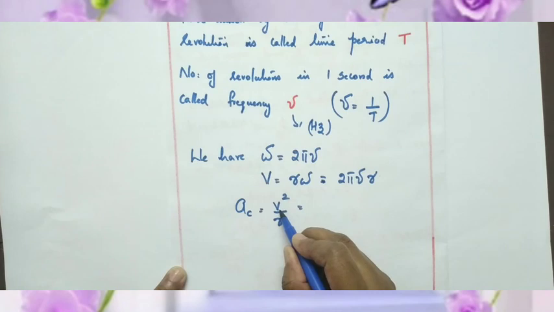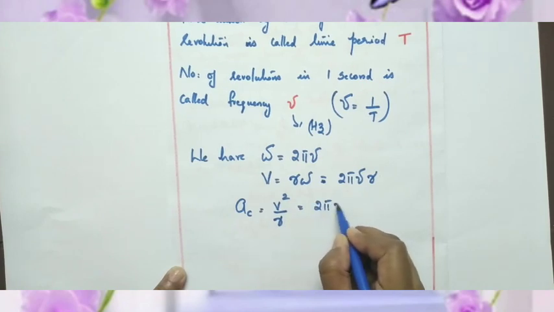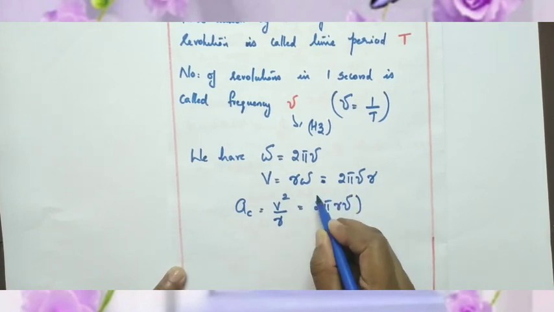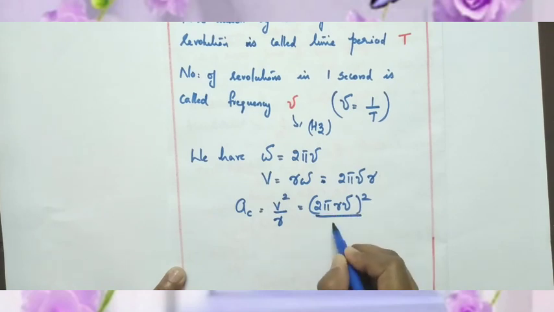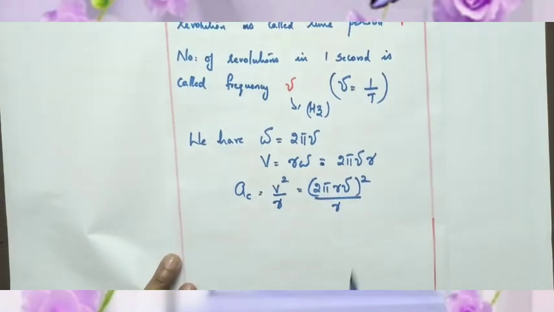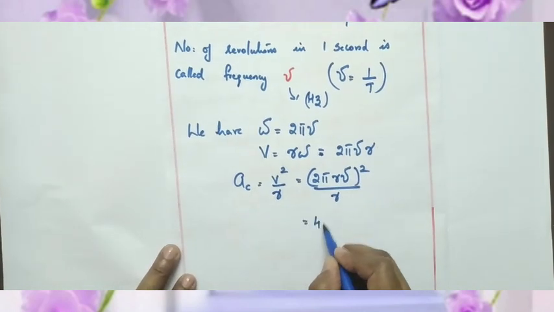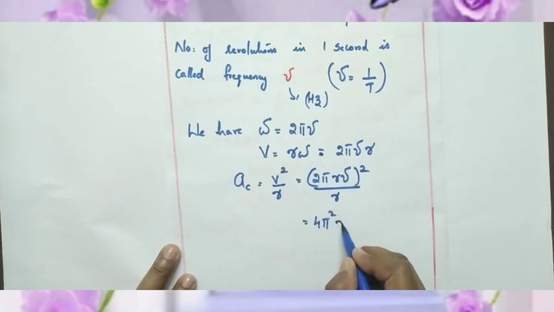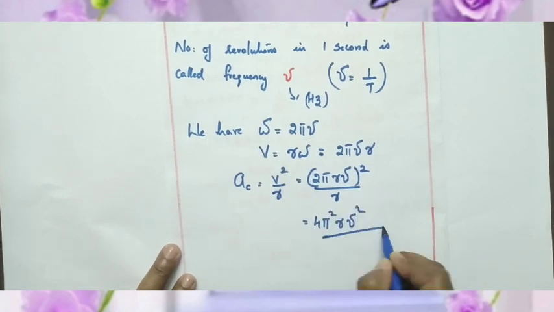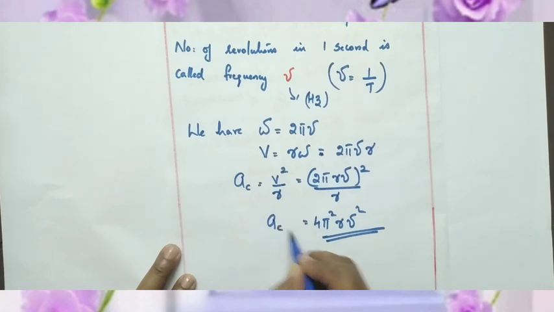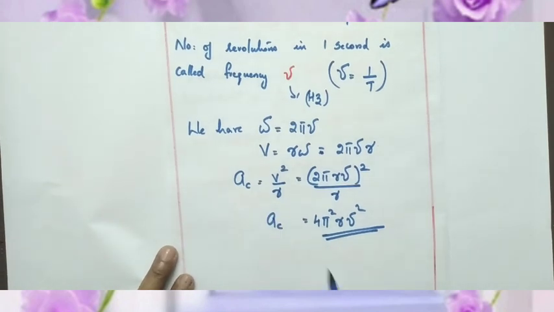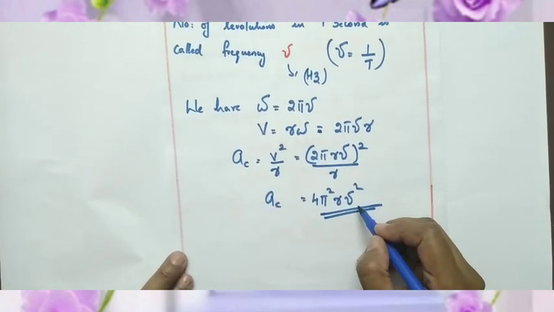So it can be written as v is 2 pi r nu, the whole square divided by r. Clear? So it is equal to 4 pi square r nu square. So this is the formula for centripetal acceleration relating frequency.